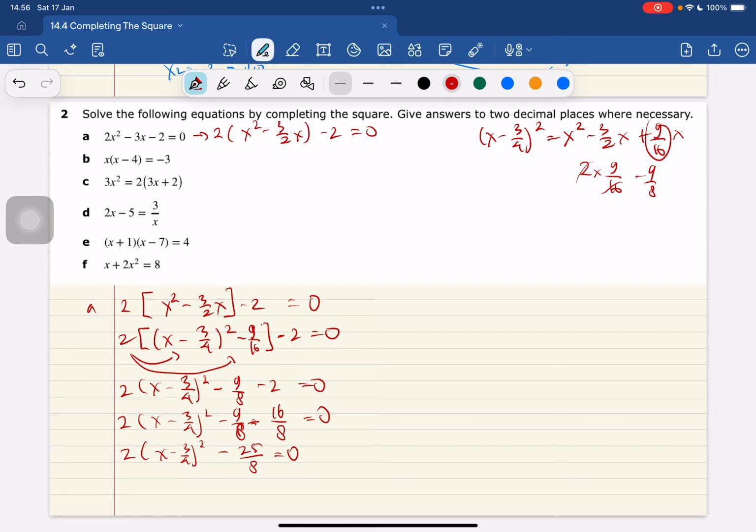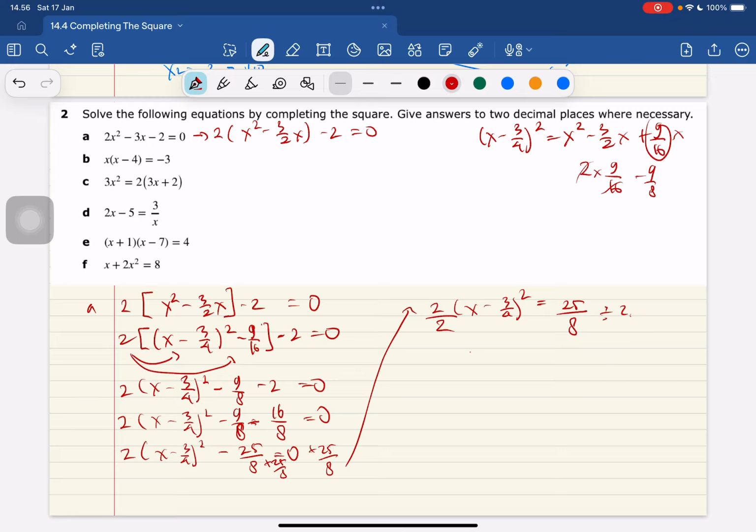to 0. Okay, we can rearrange. So we will plus 25 over 8 on both sides. It's going to be 2 multiplied by x minus 3 over 4 squared equal to 25 over 8. There is 2 here, so we can divide by 2 on both sides.